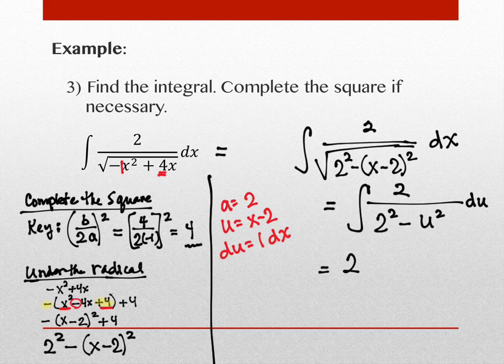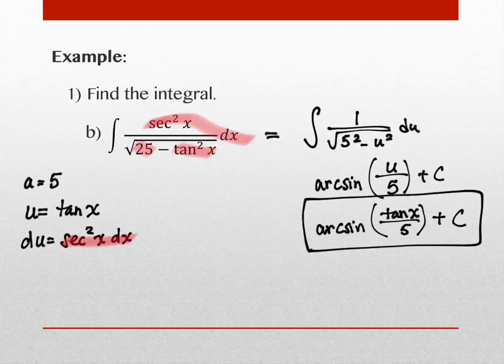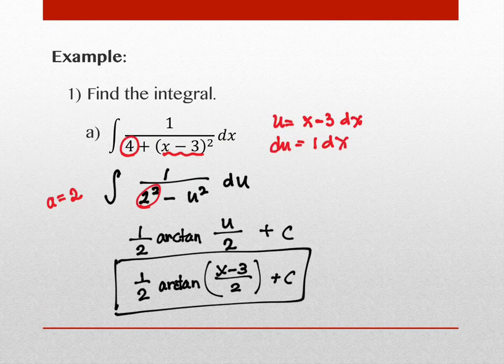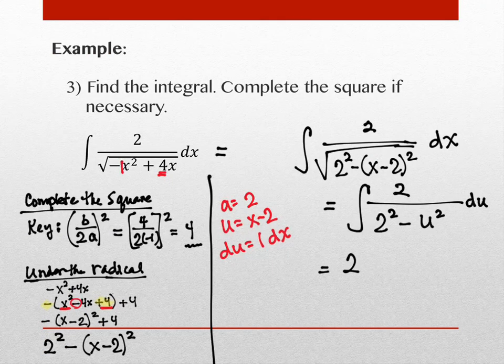And then this is, according to the antiderivative rules that we saw over here, number 1, arc sine of x over a. So this is arc sine of my variable, which is u, over my a, which is 2, and then plus my c. Okay, we're just about done.